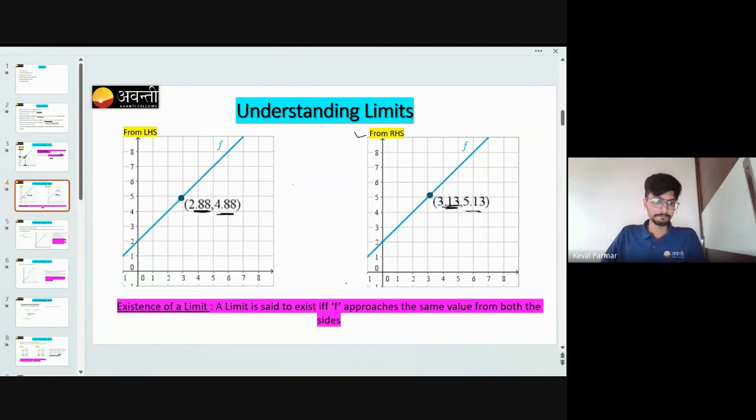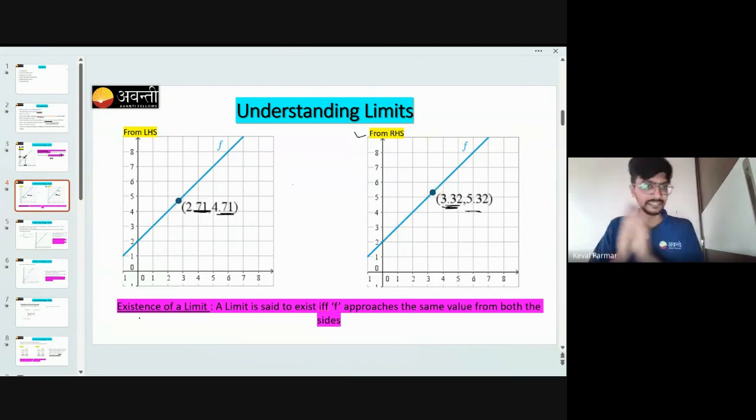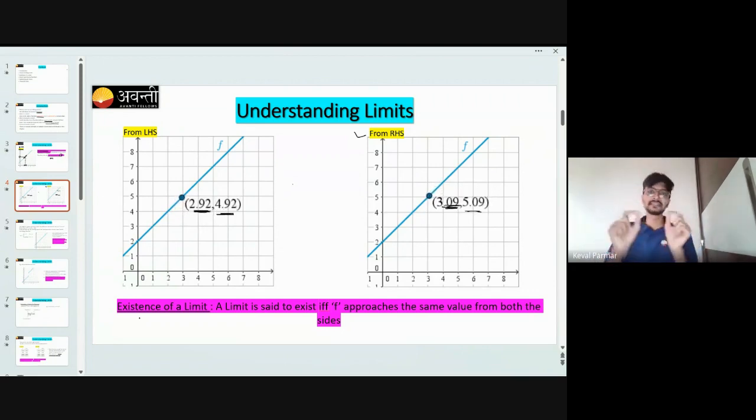And here I have written the definition of limit. As we can see, in a limit there will always be two cases: once when we approach from the left side, once when we approach from the right side. If in both the cases the answer is the same, like in this case from the left hand side and right hand side we are getting 5, that means the limit exists.